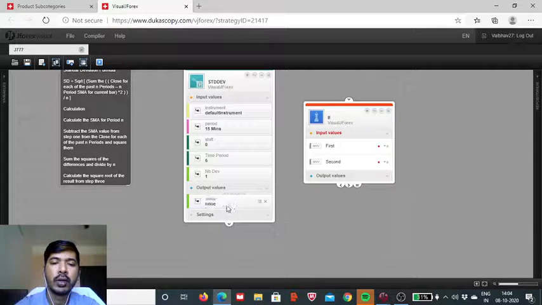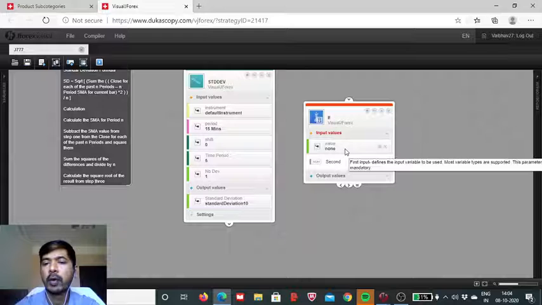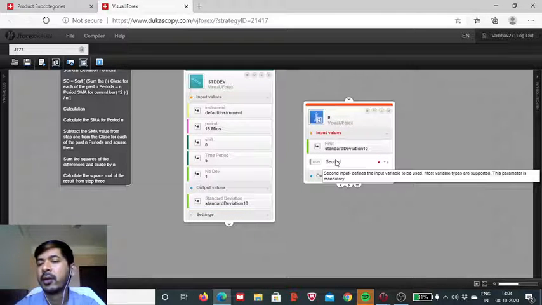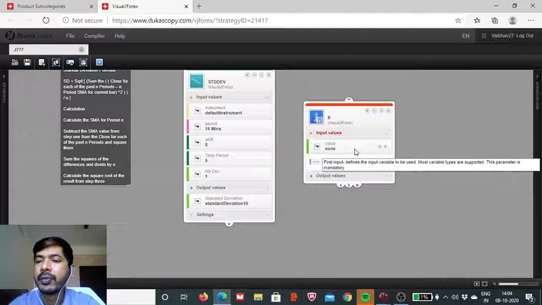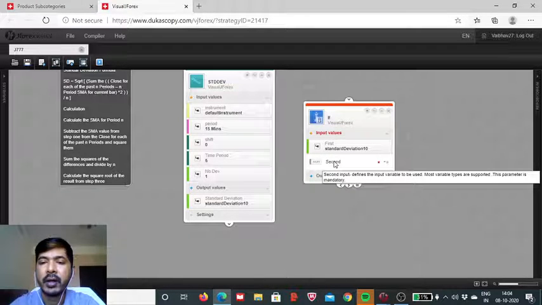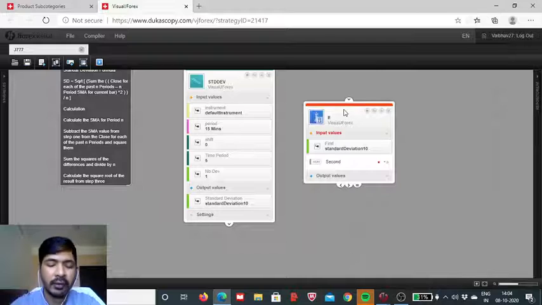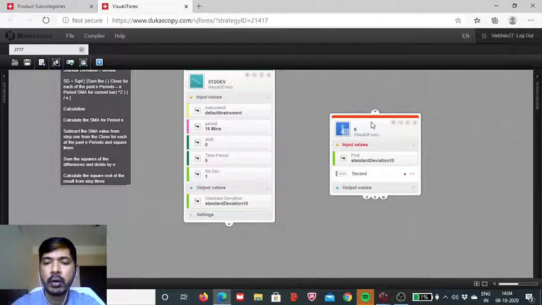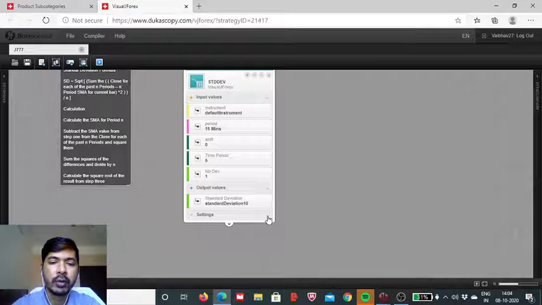All we have to do is take this output value and place it in this variable slot, and then compare it to another variable and see if it serves our purpose or not. So that's how this output value can be used.